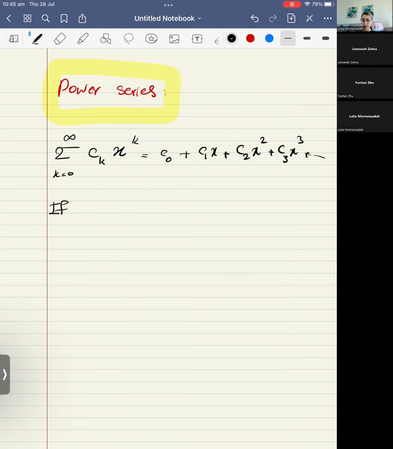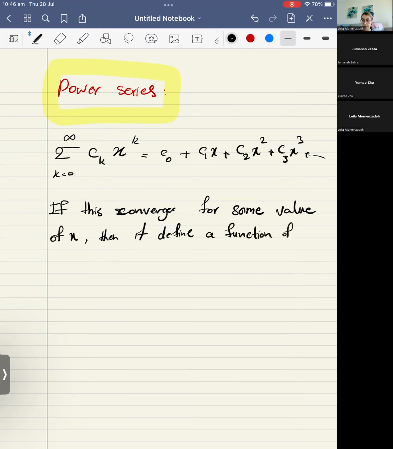If this converges for some value of x, then it defines a function of x. f of x is equal to the summation k from 0 of c_k x^k.